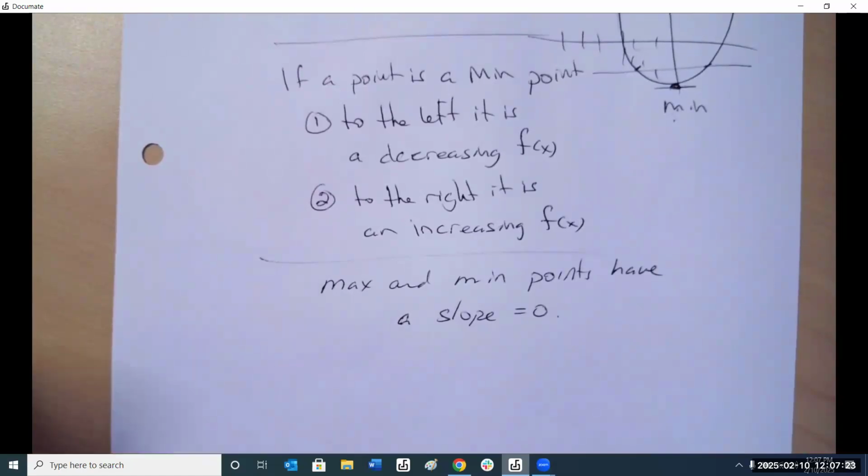We know we have a maxima or minima if the slope is 0 at that point.